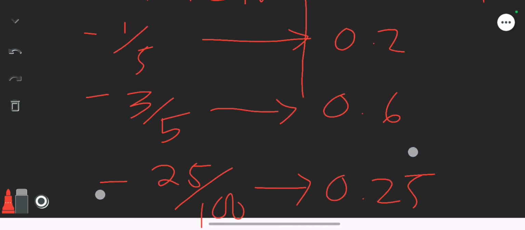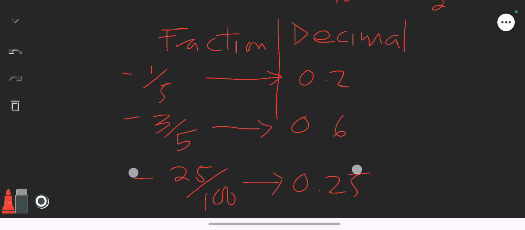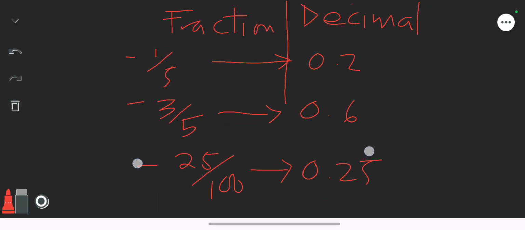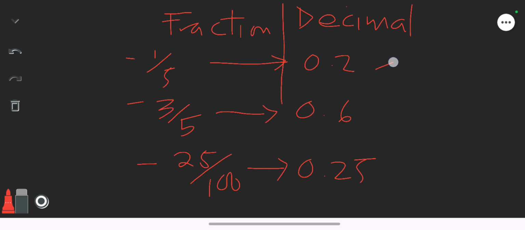So you can see here we have 0.2, 0.6, and 0.25. This is a very simple example of decimal.